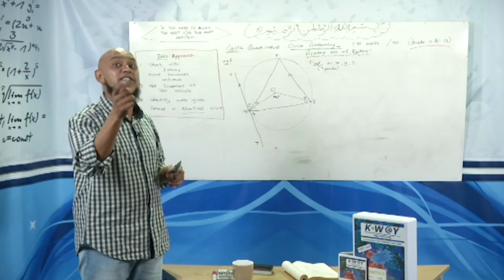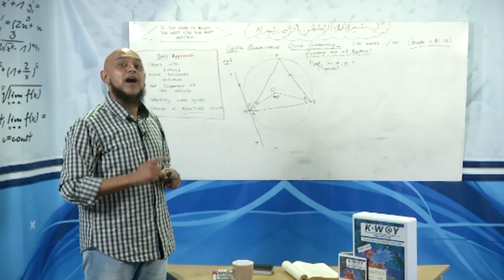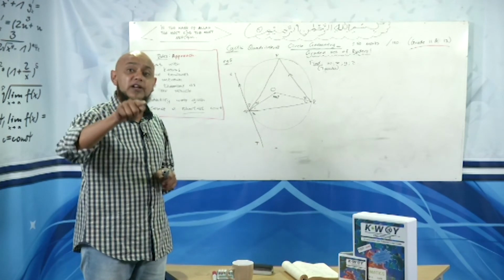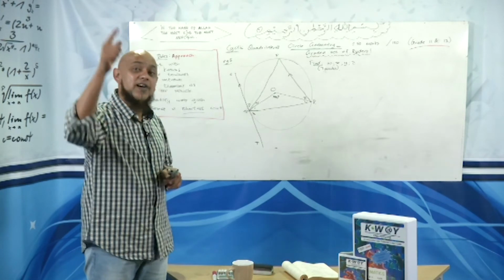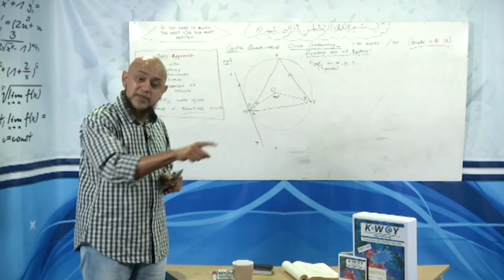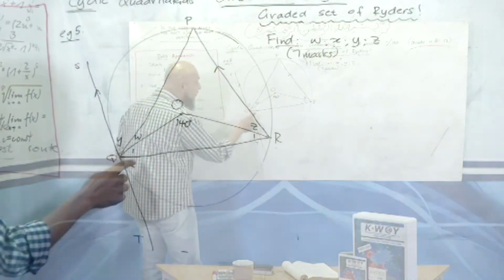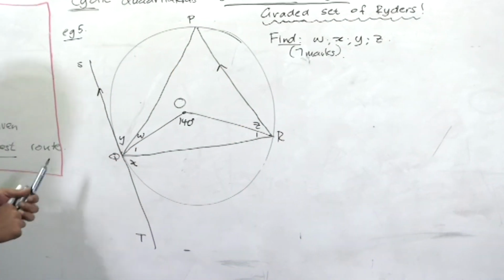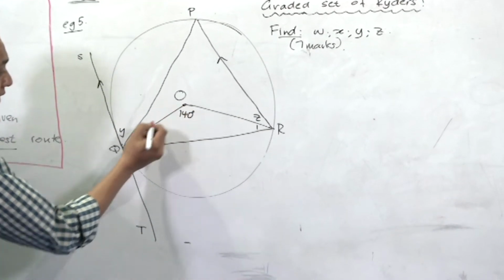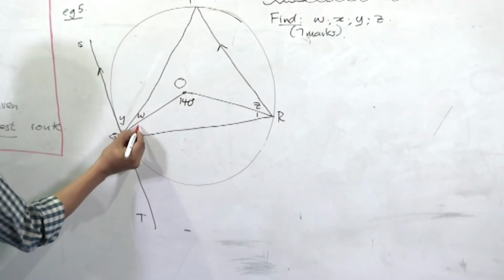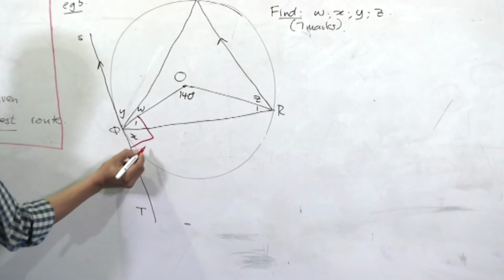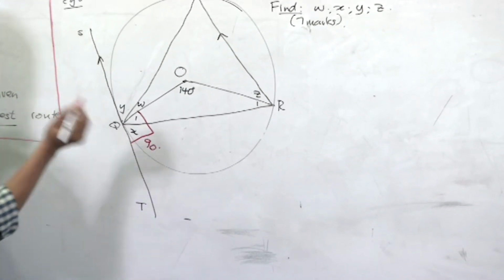Line drawn from a center of a circle to a tangent. Yes, or a diameter or a radius meets a tangent at 90 degrees. So do we have a radius? Yes, we do. So we already know that this whole angle there is 90 degrees.